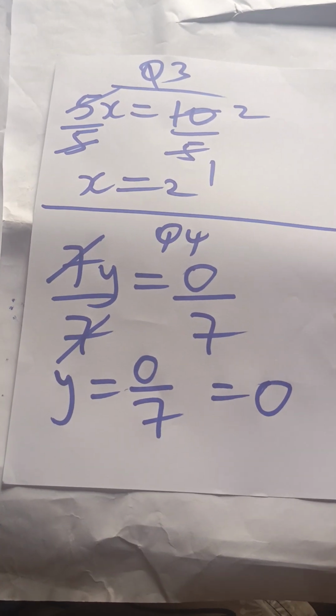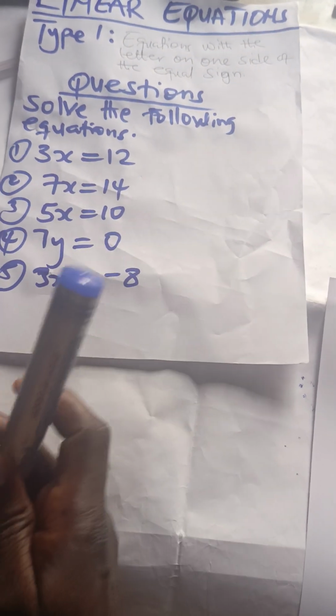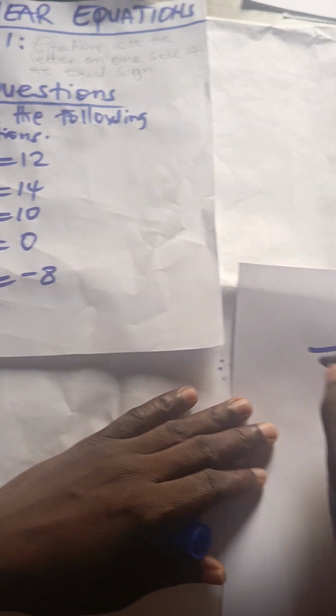Alright, now let's go to our last question for the day, question 5. It is 3x is equal to negative 8.